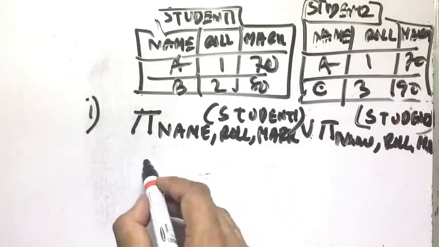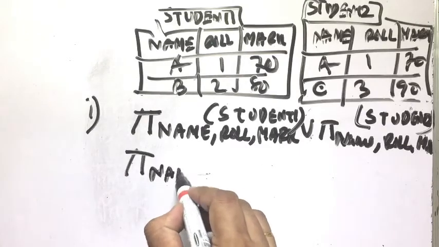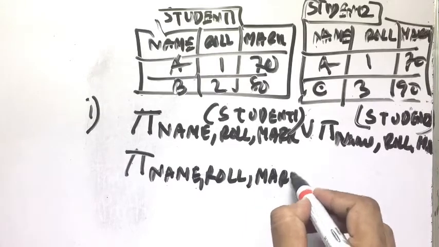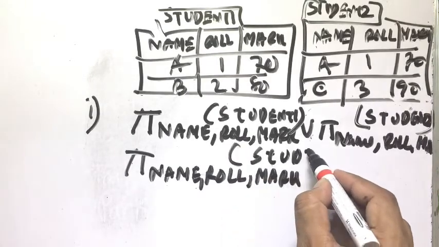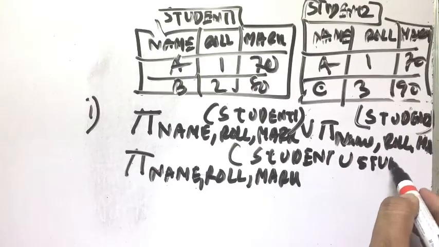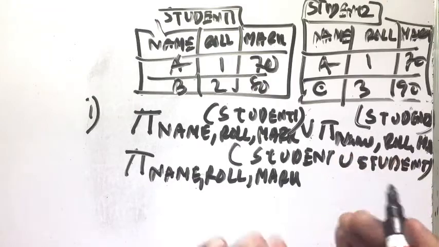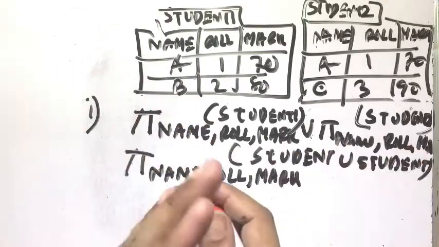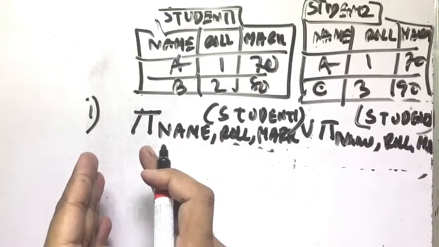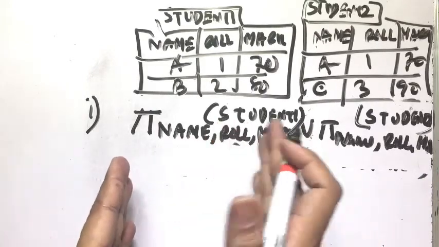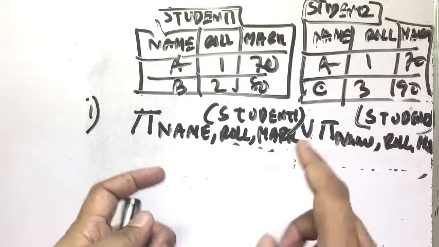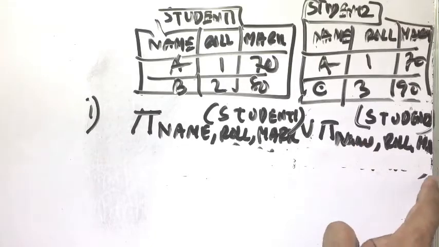In relational algebra, it is not possible to write it the short way. If you perform student 1 union student 2, we have to display the first tuples, then the second tuples, then the union between them. So it is written this way: pi name roll marks student 1 union pi name roll marks student 2.